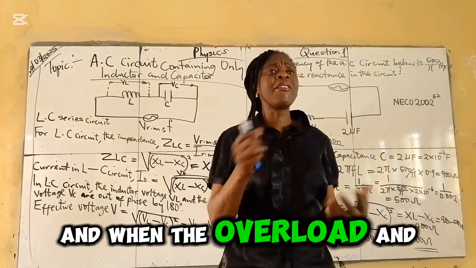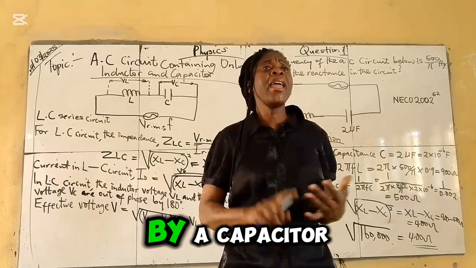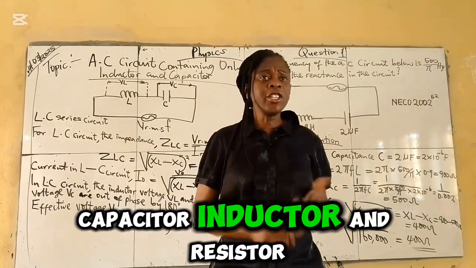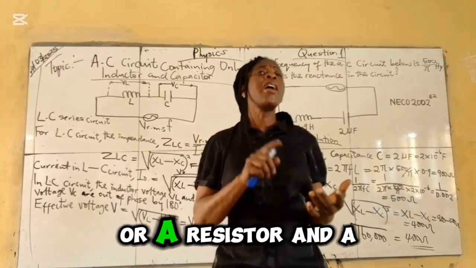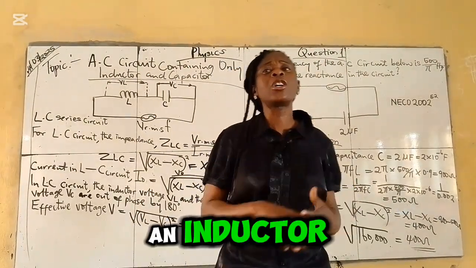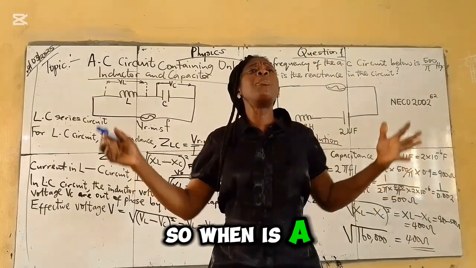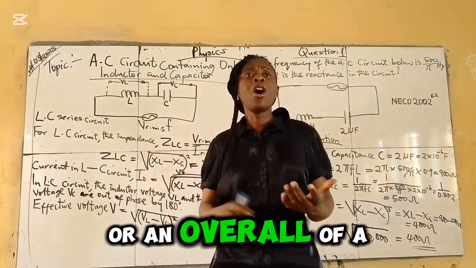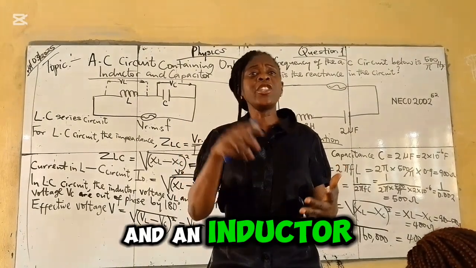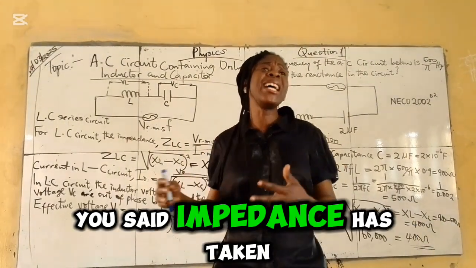The overall opposition could be due to a capacitor and an inductor, or a capacitor, inductor and resistor, or a resistor and a capacitor, or a resistor and an inductor. So when it is a combination or an overall of a resistor, a capacitor and an inductor, you say impedance has taken place.